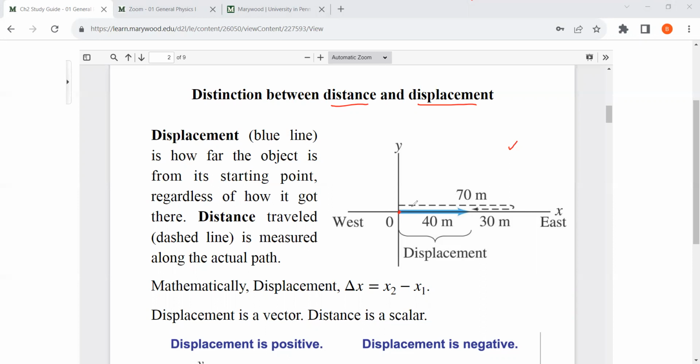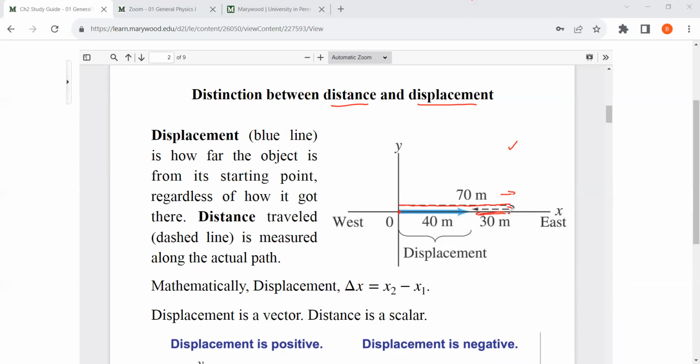So you see the 70 meter to the east, and then the person changes his mind, and let's say he walks 30 meter in the opposite direction. So he first walks these 70 meter in this direction, and then changes his mind and walks 30 more meters in the opposite direction.